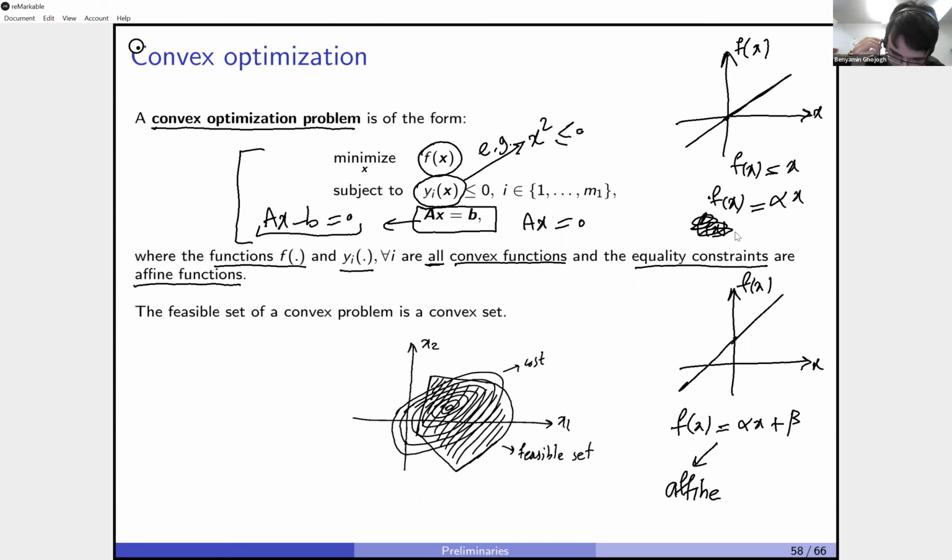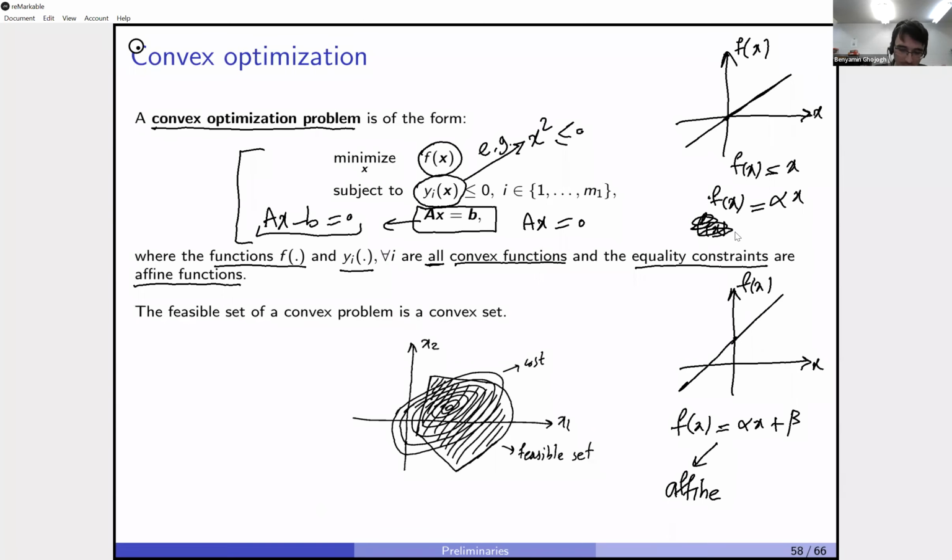Boyd also says, this is a quote from Boyd, as long as you can formulate your problem as a convex optimization problem, then you are done. You can absolutely solve it using optimization and find its global minimum or maximum.